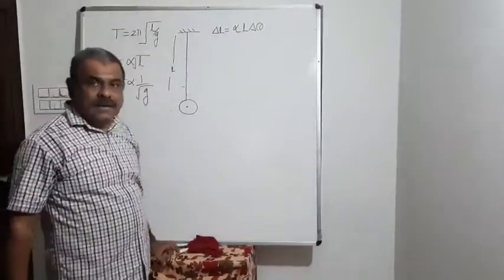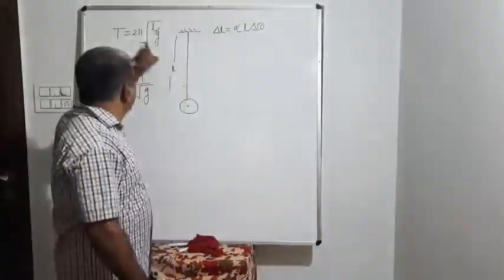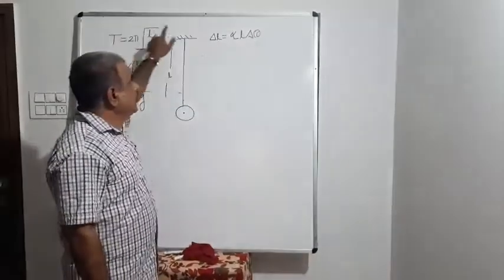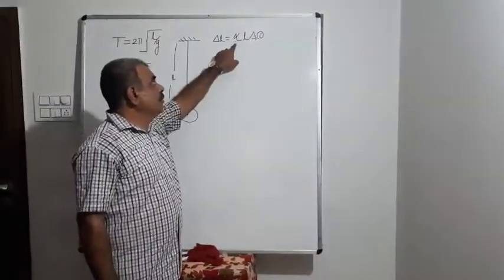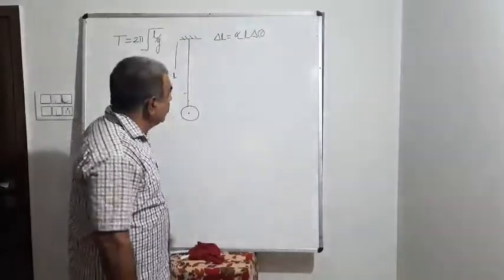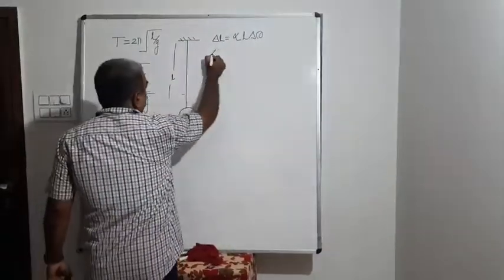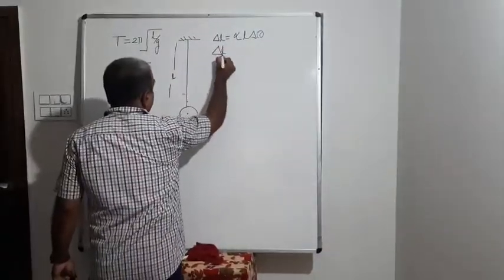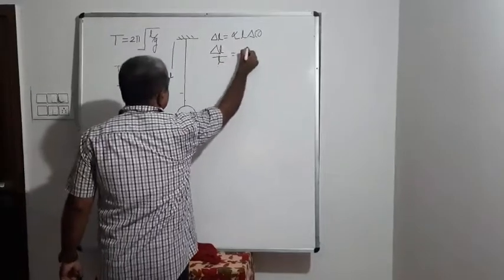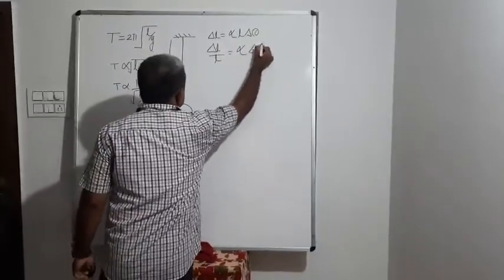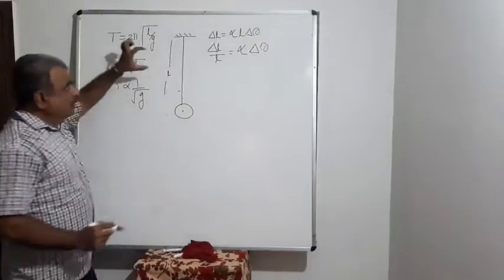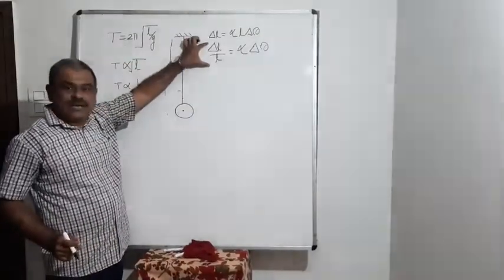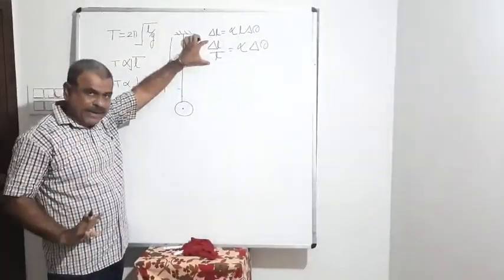I have used delta theta for change in temperature because T we are using as symbol for periodic time. That's why delta L by L is equal to alpha delta theta. This is fractional change in the length of the wire or string of the pendulum.